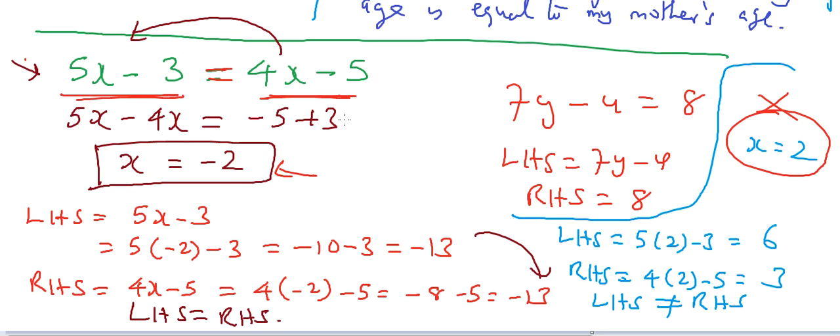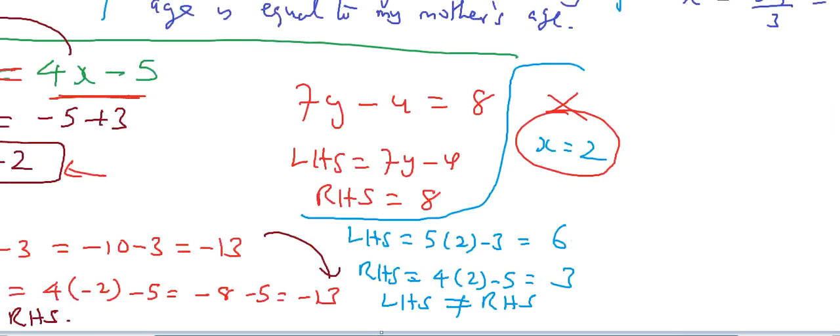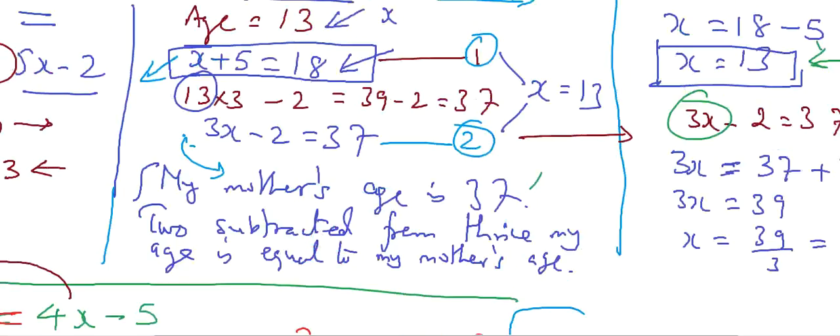So like this it can be verified whether a given value is a solution of the given equation or not, or whether the value we find as a solution is really a solution or not. So we can verify it like this. Even in this earlier example, let's look at this.